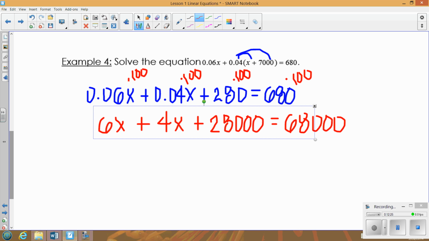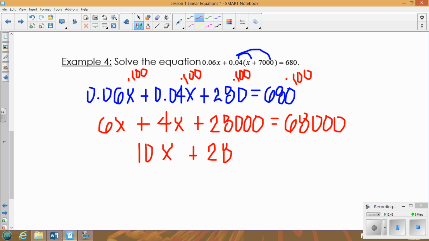So next step is going to be to combine these 6x and 4x. So we get 10x. And then plus 28,000 equals 68,000.